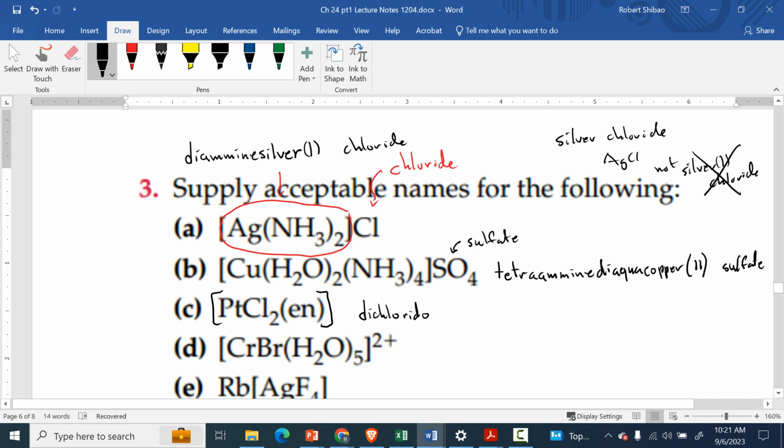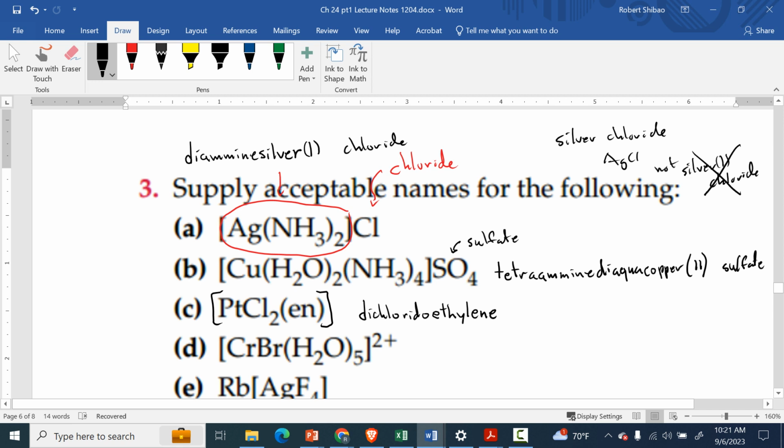You need to know how to spell this one because we can't use the abbreviation here. You have to spell it out. And so how do you spell this next one? It's going to be E-T-H-Y-L-E-N-E. Ethylene.